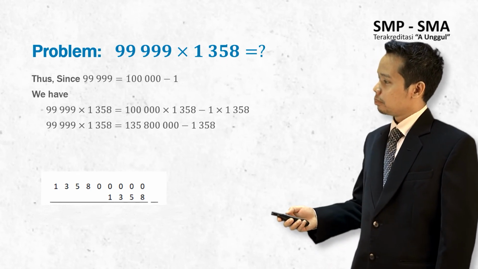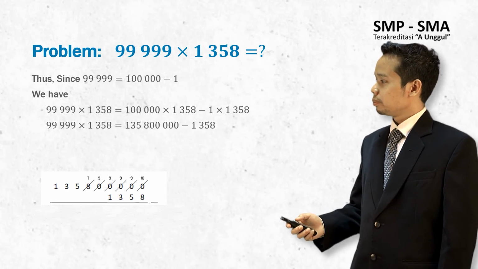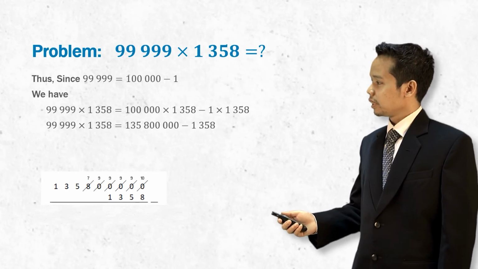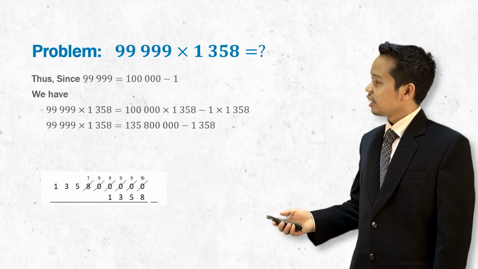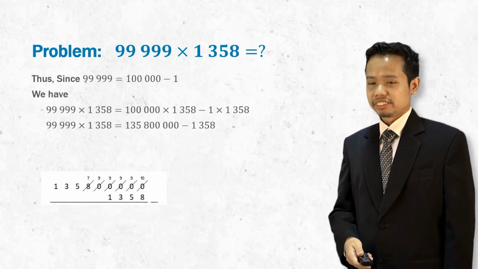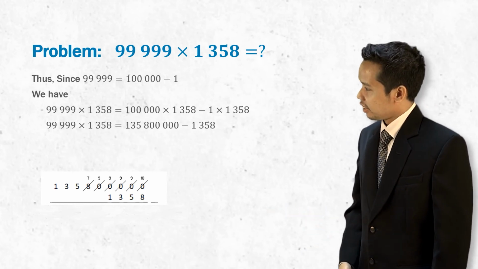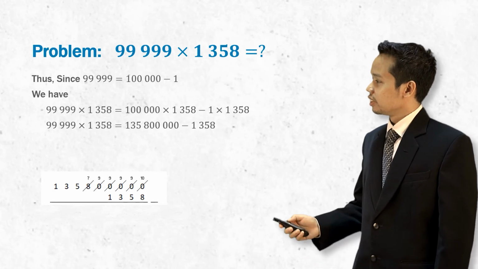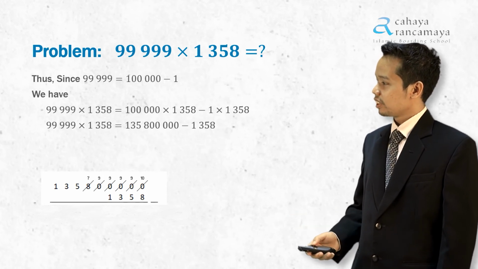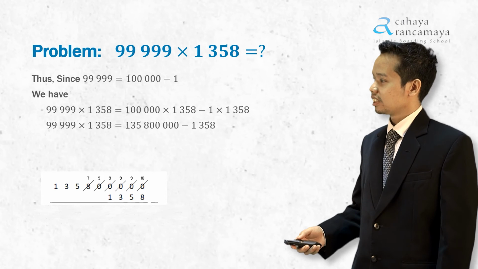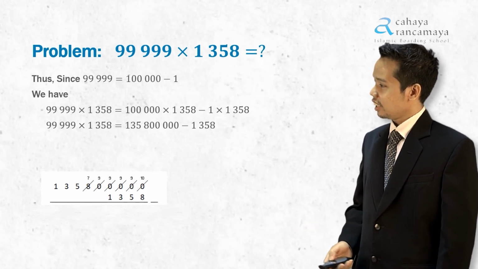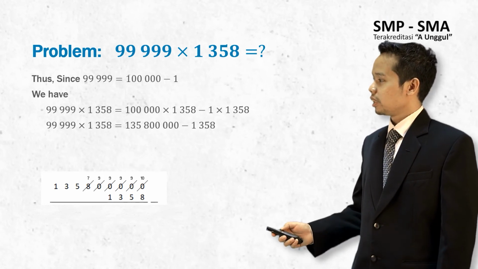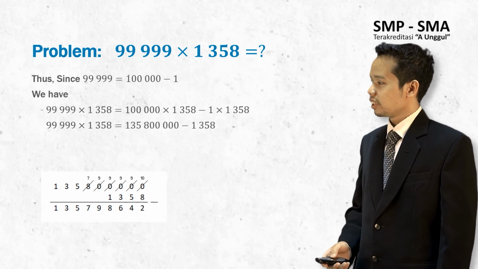So the 8 becomes 7, the 0 becomes 9, the next 0 becomes 9, until the last 0 becomes 10. Okay, 10 minus 8 is 2, 9 minus 5 is 4, 9 minus 3 is 6, 9 minus 1 is 8, and the rest of the number is just the same as the number on top.